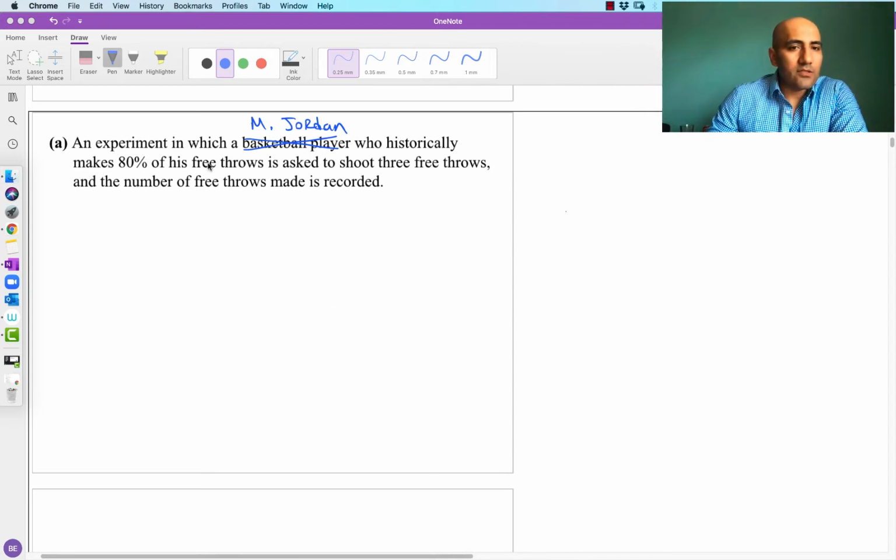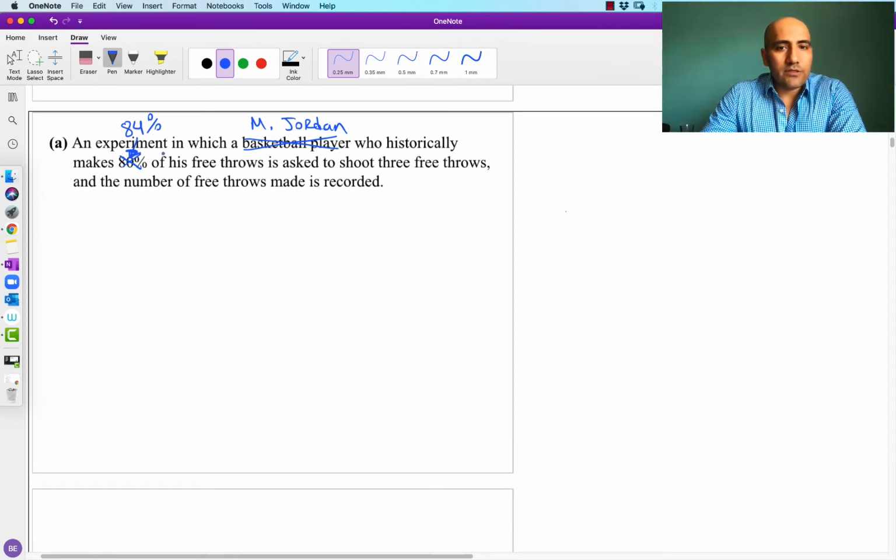So for him, let's just say that this is about 84%, instead of just the 80. So an experiment in which Michael Jordan, who historically makes 84% of his free throws, is asked to shoot 3 free throws.